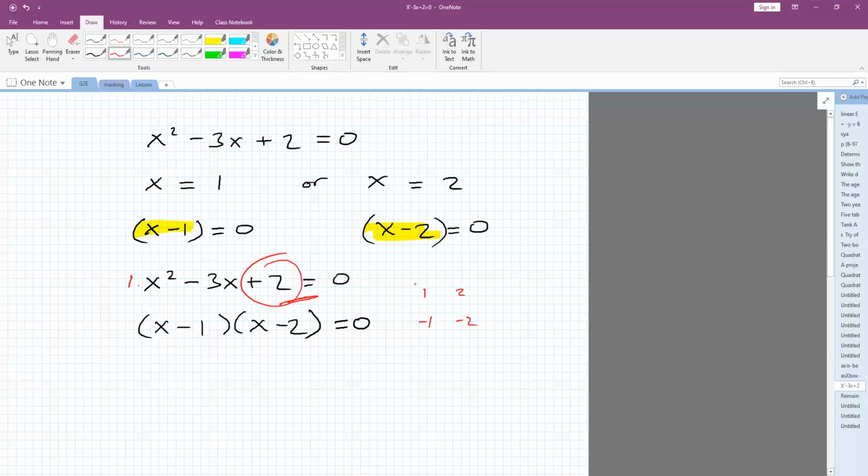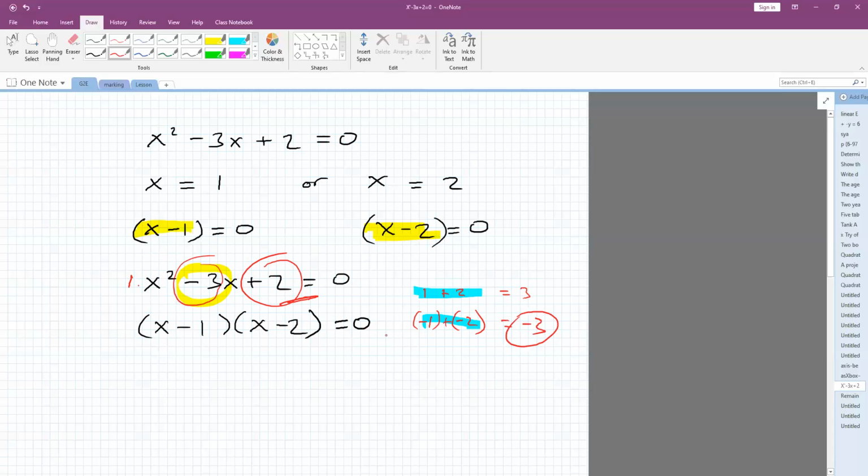But then from these combinations, you have to find which one, when you add the two numbers, will give you this number minus 3. Of course, when you add 1 plus 2, you just get 3. And when you add minus 1 plus minus 2, this gives us minus 3, which is the same as this number.